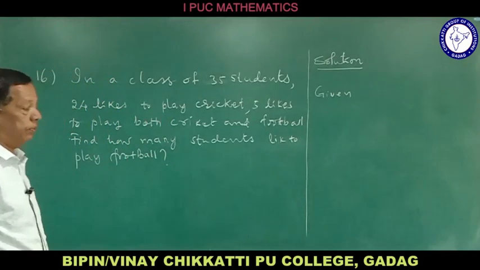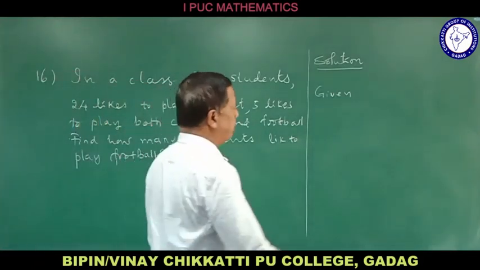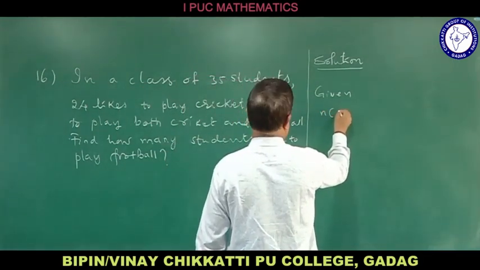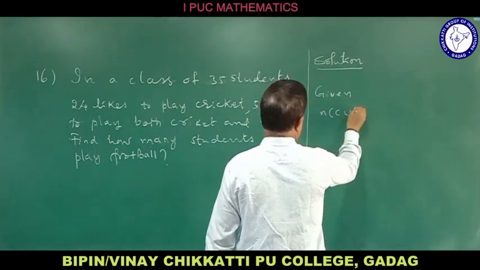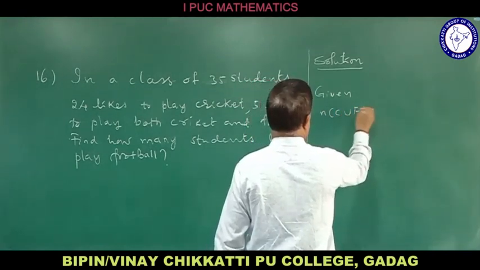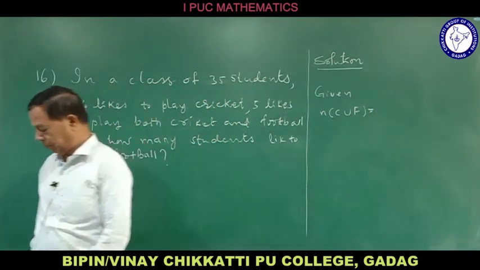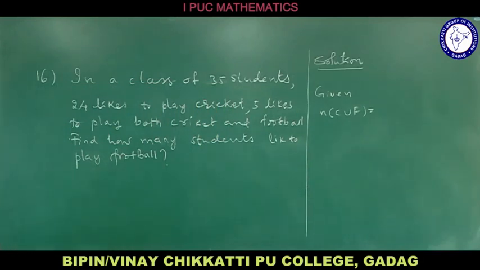In a class of 35 students, here you have to see that out of 35, at least one plays either cricket or football. So that is given as n of C union F. Out of 35 students, at least one should be playing either the cricket or the football.